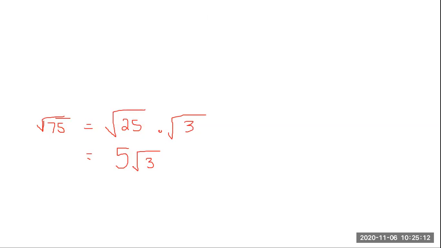Let's see how we do this one. I'm using the green marker now. The square root of 50. How can I break this one up? We could split this up into square root 25 times the square root of 2.